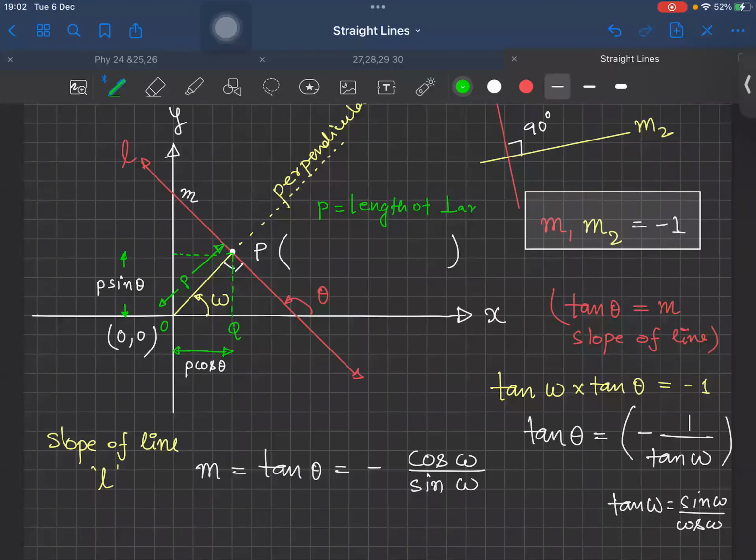That means the coordinate of P will be P cos theta. Sorry, not theta. Here it is omega, na? P cos omega, P sin omega. Right? Yes or no? If you have doubt, please tell me. Tell me if this is correct or not.